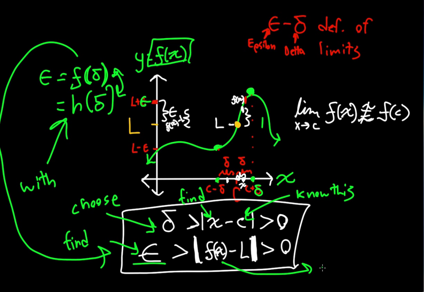We just plug in what we found x to be to find our f of x. And you'll notice we know this, we know this. What we can do is, because we can make delta and epsilon as small as we want, we can solve for what L is. Does that make sense?